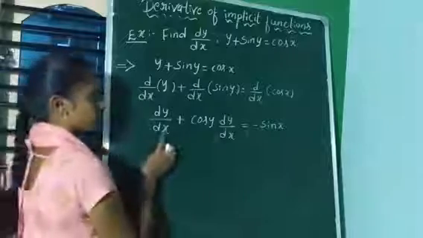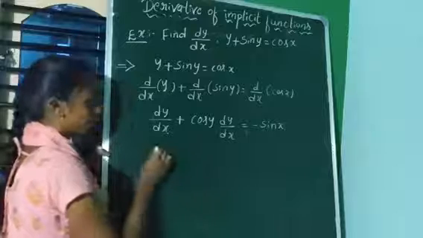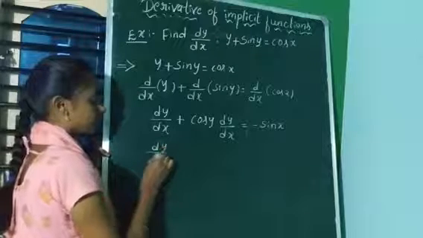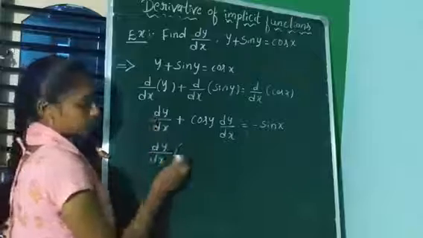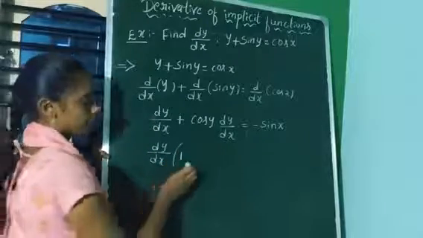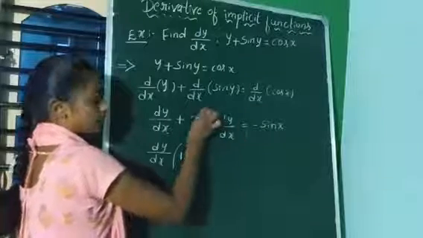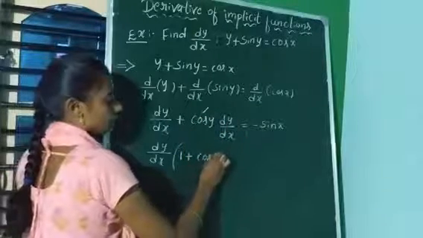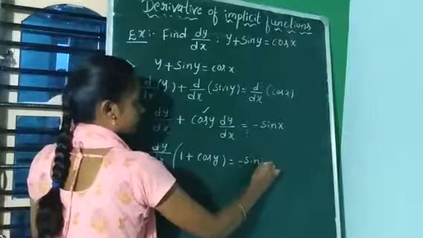Now in these two terms, dy by dx is common, so I take dy by dx common. Remaining is 1 plus cos y, and this side we have minus sin x.